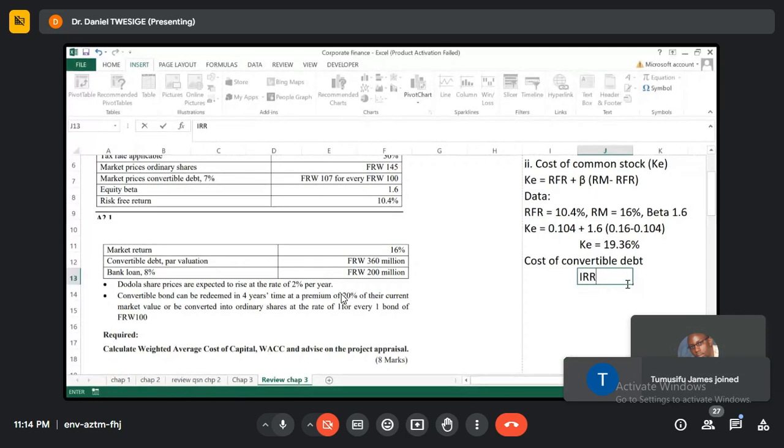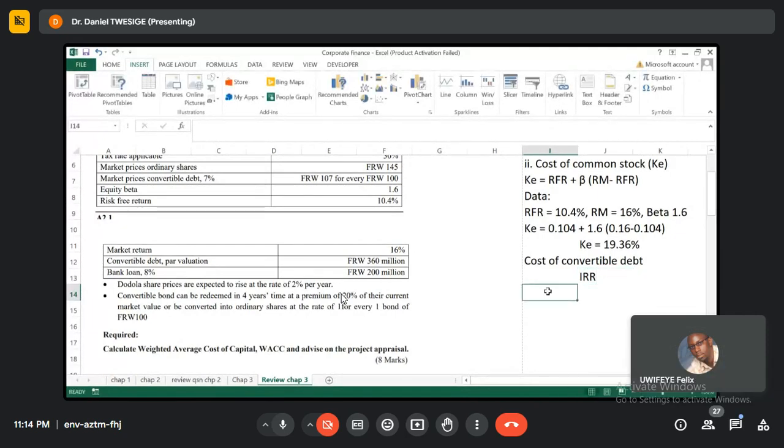Now, needing an IRR, what data do we need? First, we have been given the par value. The par value or the nominal value of the debt is given as 100.